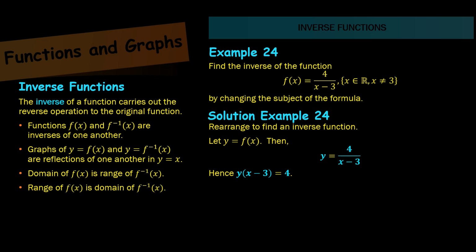And therefore, multiplying out the brackets gives us yx minus 3y equals 4. And if we add 3y to both sides, we obtain yx equals 4 plus 3y.